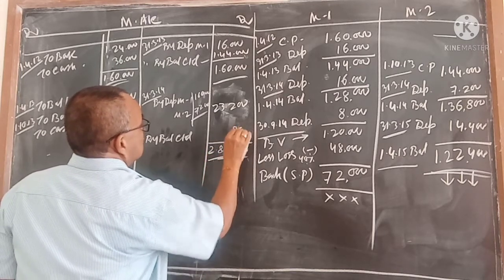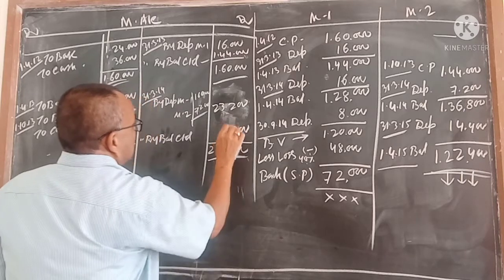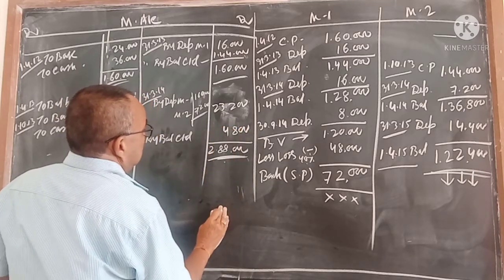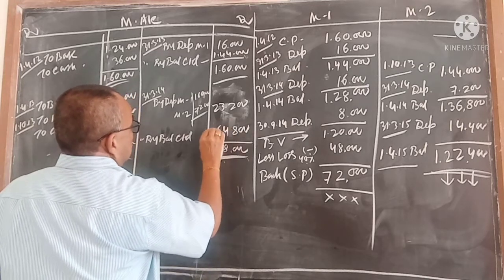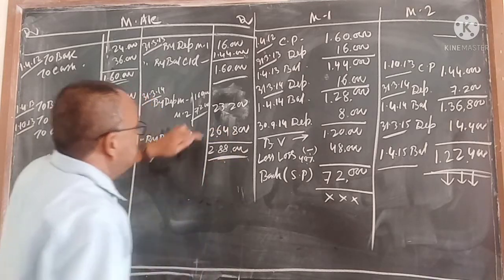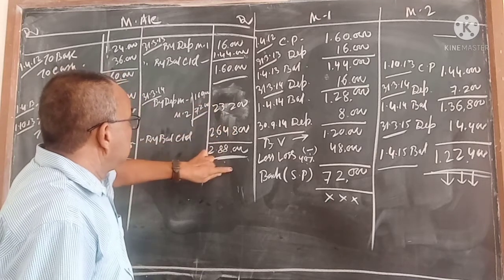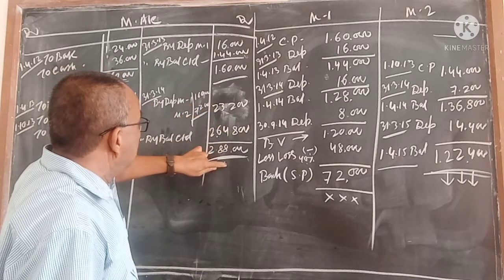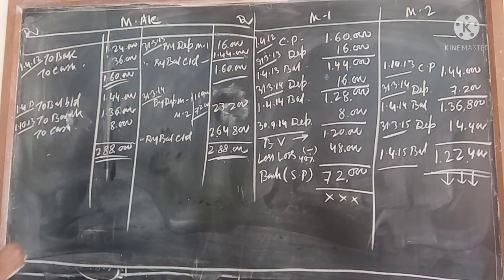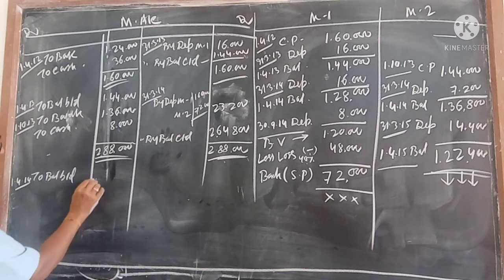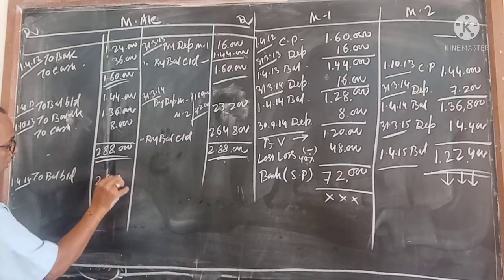Now 8 and 17 add 4, 264. Now you come here, 1-4-14, to balance B/D, which you are getting 264,800.